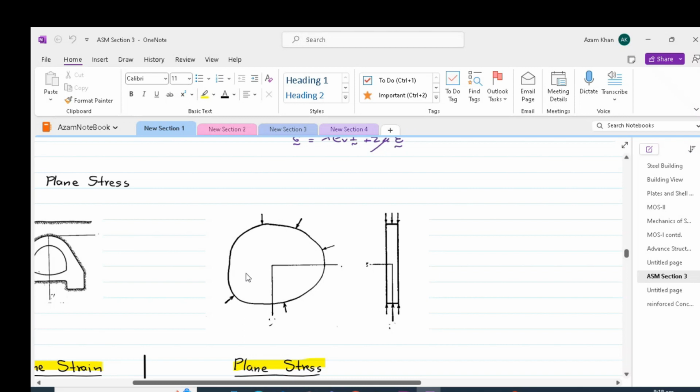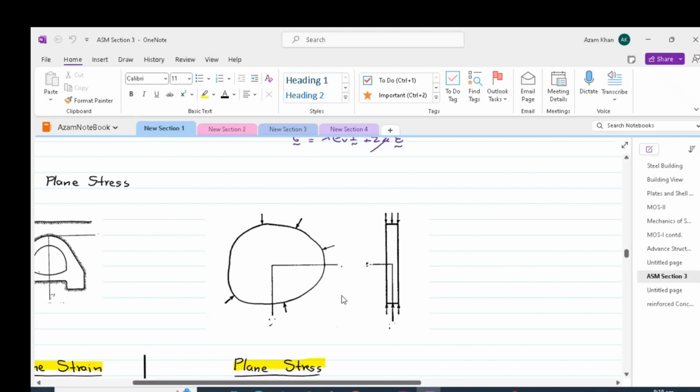So therefore, this can be treated as a plane stress problem. In the plane stress condition, the material is considered to be in the state of stress in the plane of interest, but out of plane stresses are neglected.